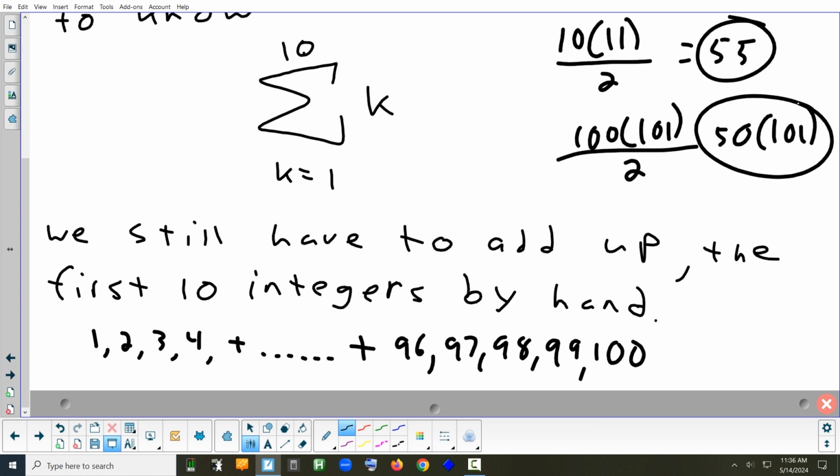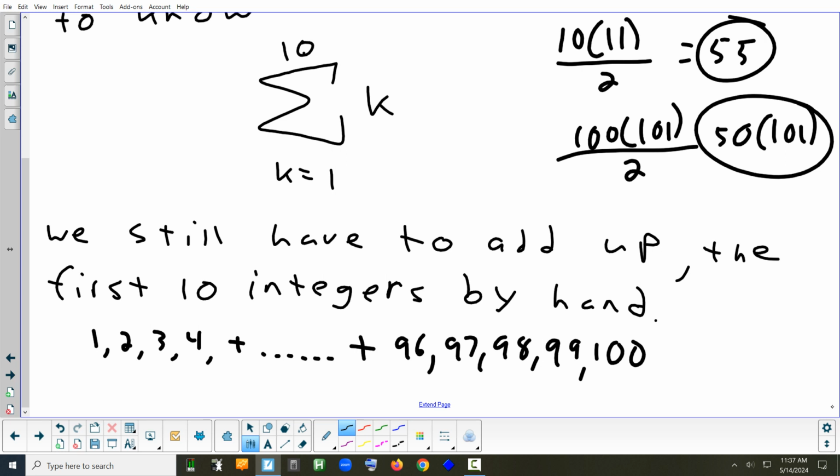Does anyone see how you could group these numbers to make the calculation easier? Yeah? If we're using what you did before, since this is 10, you do 10 times 10 plus 1 divided by 2.